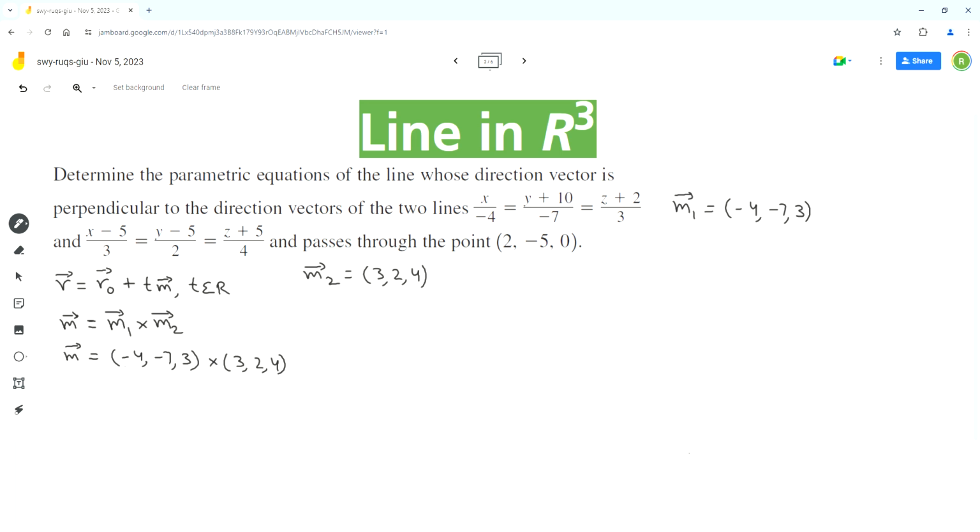Now we can calculate the cross product by stacking the y, z, x and y components of these two vectors.